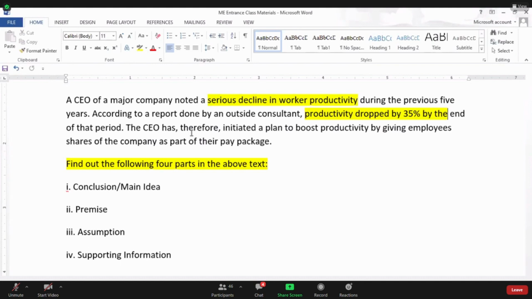So here you have one idea: plan to boost productivity.